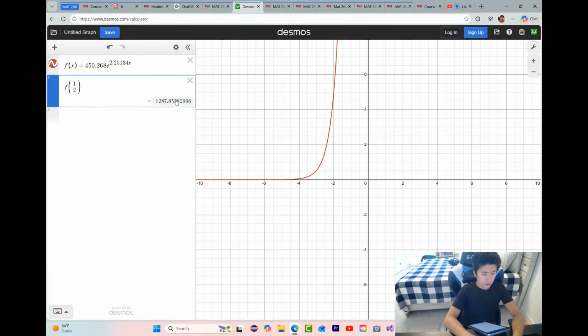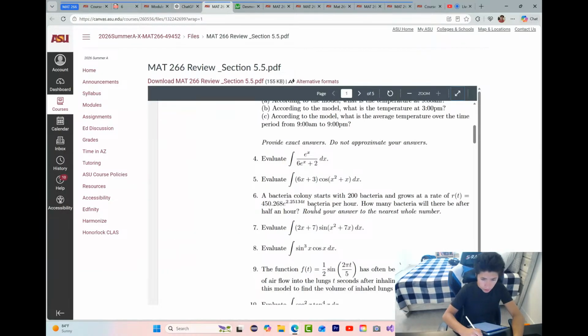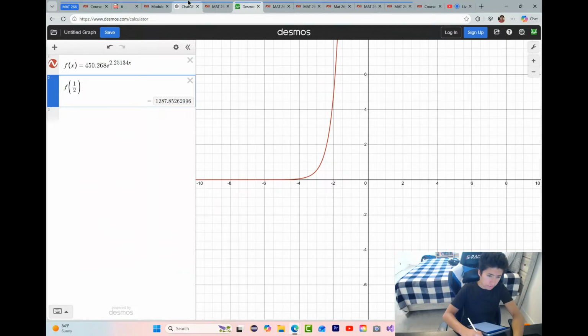The 1/2 is going to be that number. And round to where? Nearest whole number. 1,388.